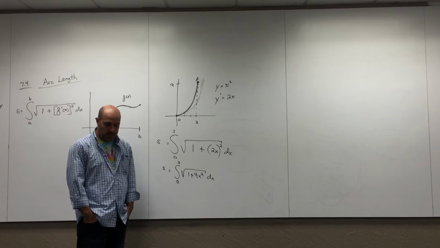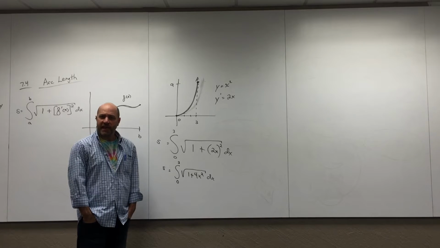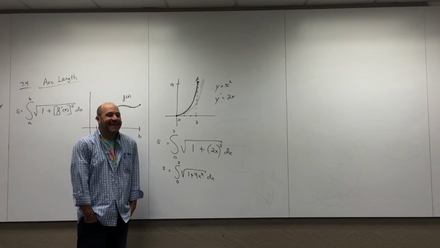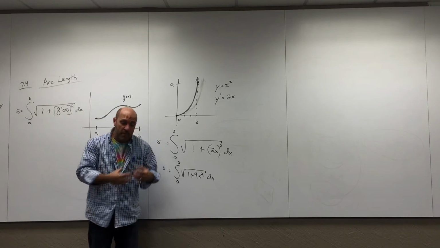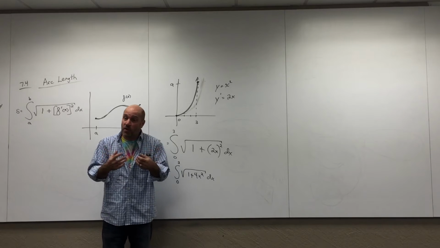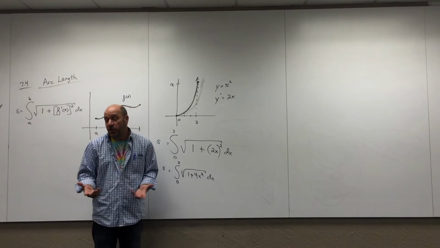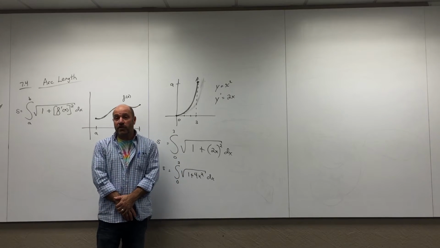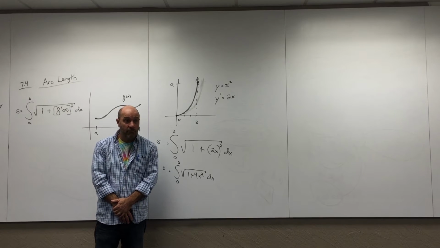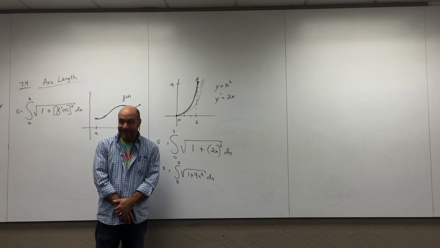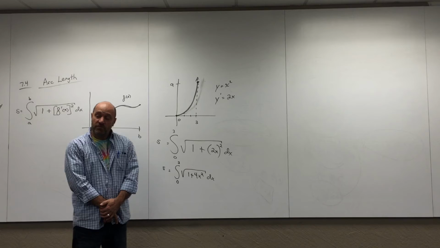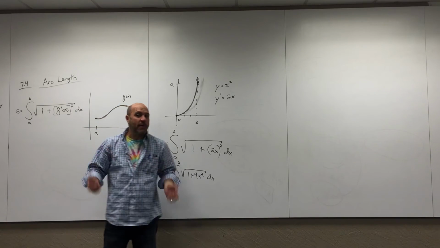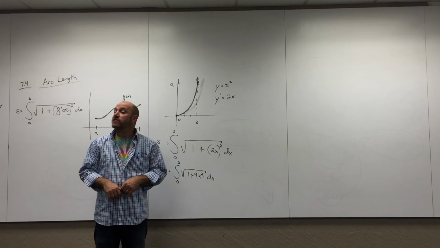So what do you do if you can't do it? You cry. Well, you're done, technically. I'm saying you can't do it by hand, which means you can't do it analytically. So you know what you could do? You could do it numerically. You could add up a bunch of rectangles. Anybody want to add up a couple hundred rectangles? No, but if you don't, maybe you could ask a computer to do that.